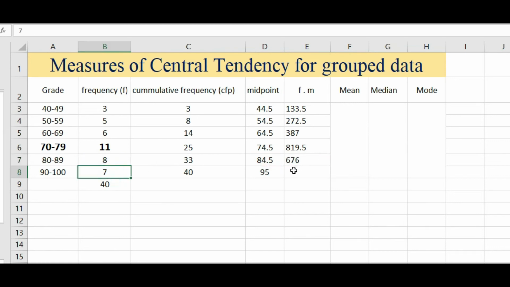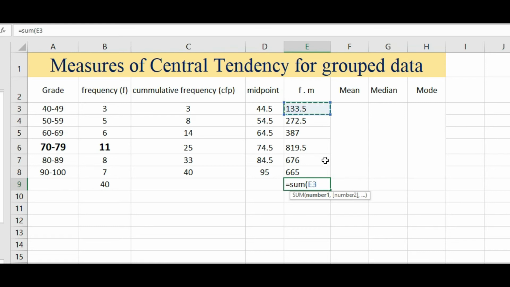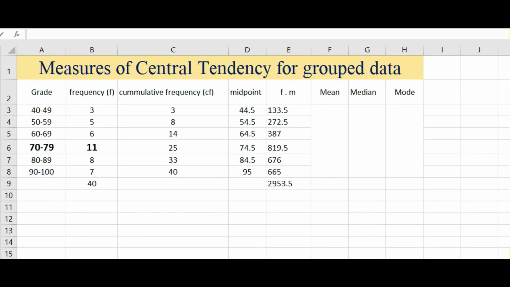And then lastly, multiply 7 by 95. So we have 665. And after this you will total all the numbers. 2,953.5. So now let's proceed in solving for your mean, median, mode.